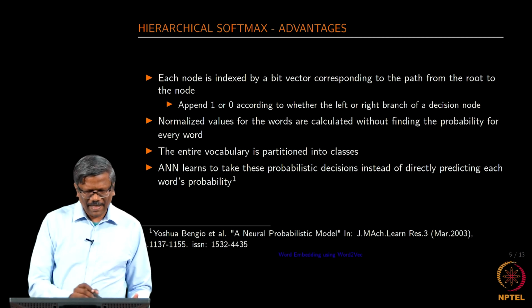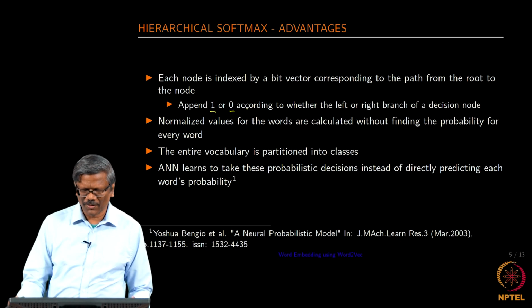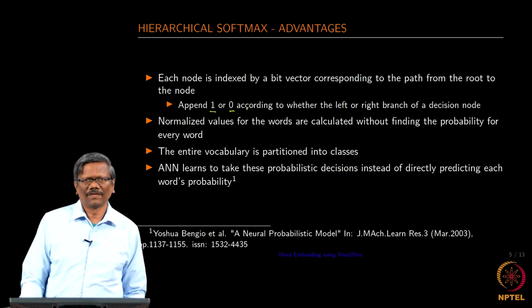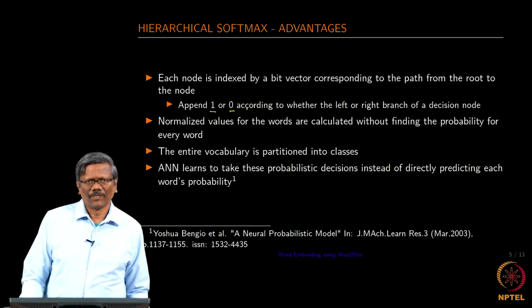Okay. So, here we append 0 or 1 according to whether we are taking the left path or the right branch, okay, when we take a decision at the node.